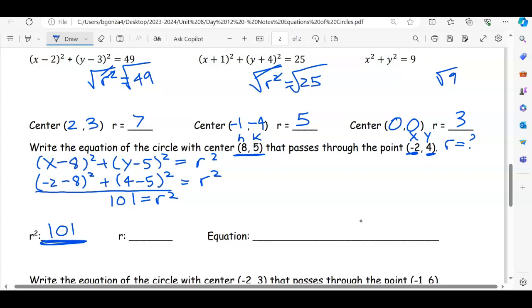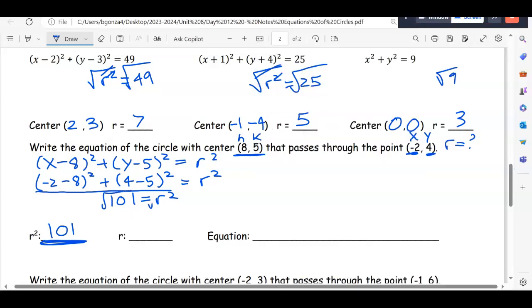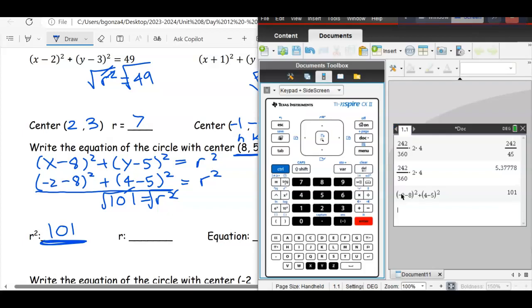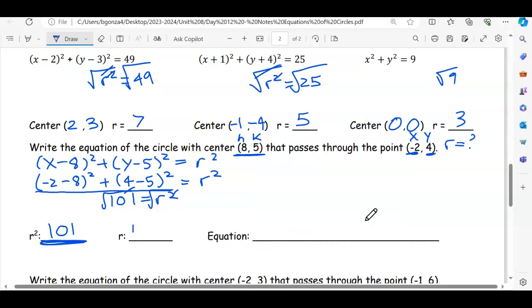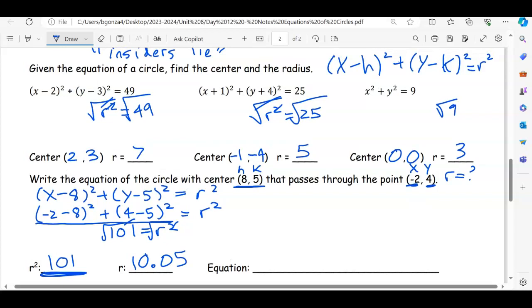If I want to go from r squared is 101 to the r, all I got to do is square root that 101. Square root of 101 is 10.05. But let's remember the equation at the top here.